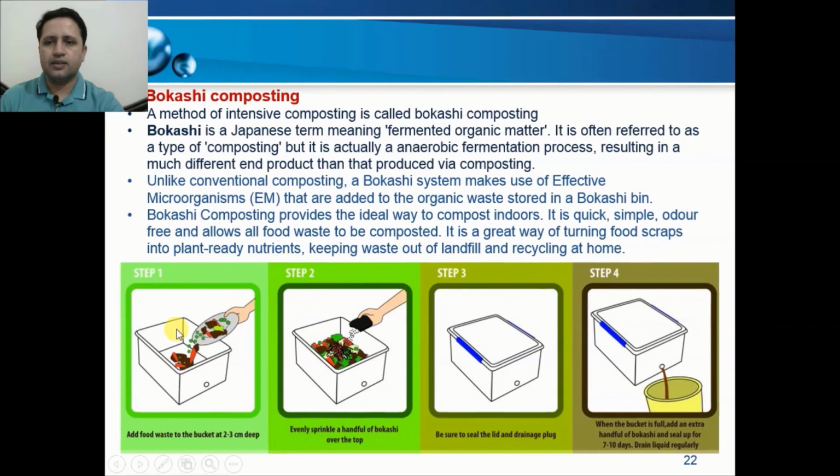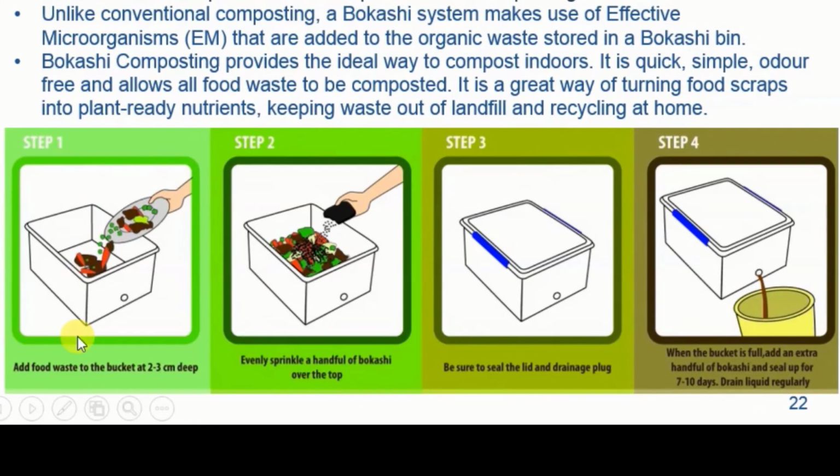Here in this diagram you can see the different steps. You have to add food waste to the bucket at 2 to 3 cm deep, and then evenly sprinkle a handful of bokashi, which contains the effective microorganisms, over the top of the waste material, and then be sure to seal the lid and drainage plug.